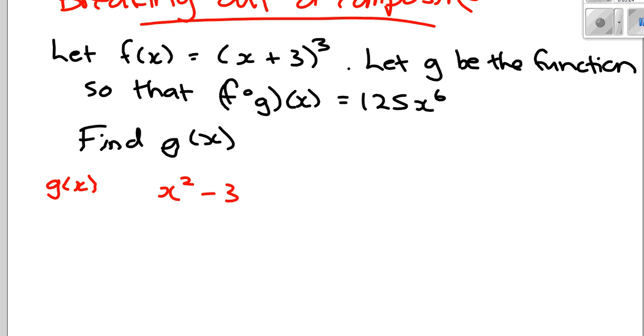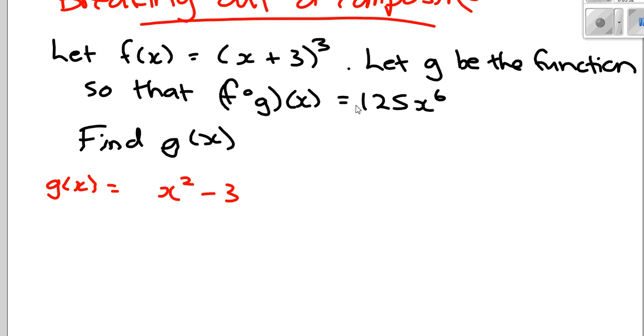So if I subbed in this at the moment, into here, we just get x to the power of 6. Yeah, you're right. So we're missing the 125 coefficient. So what could I pop into my red version of g of x that could possibly make the 125? Put a 5 outside the brackets. Maybe.